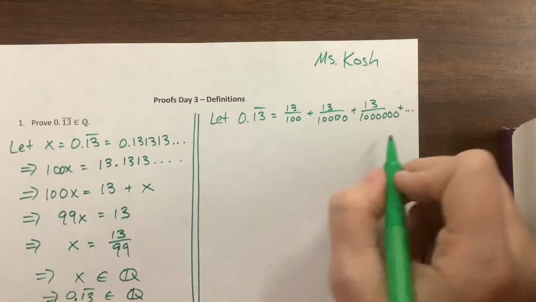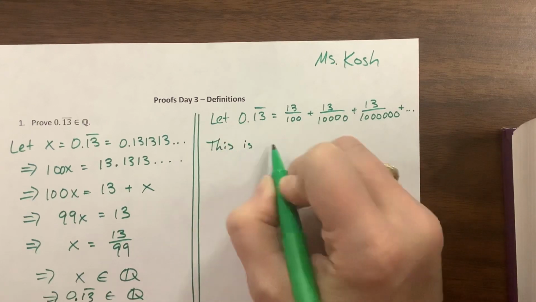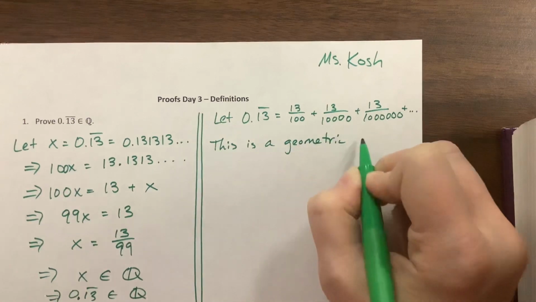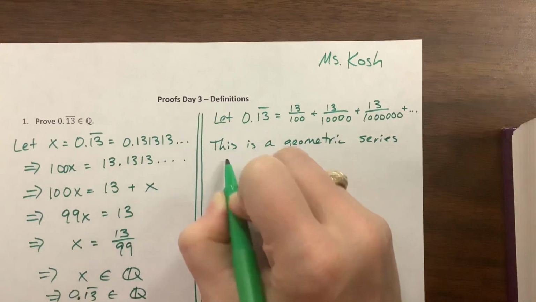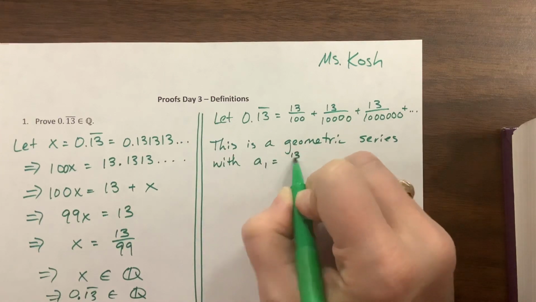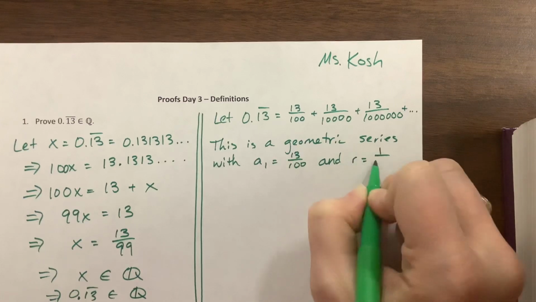Okay, and we could say this is a geometric series with a sub 1 equals 13 over 100, and r is equal to 1 over 100.